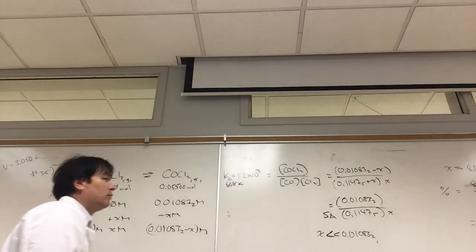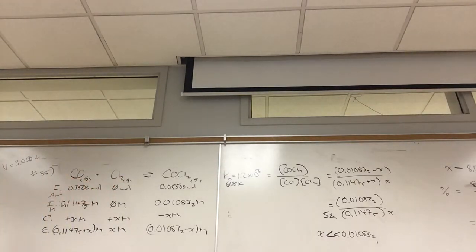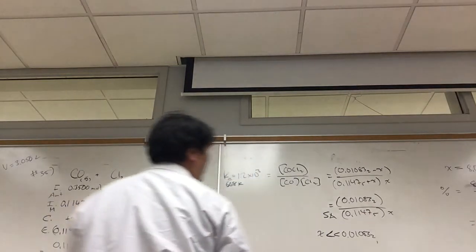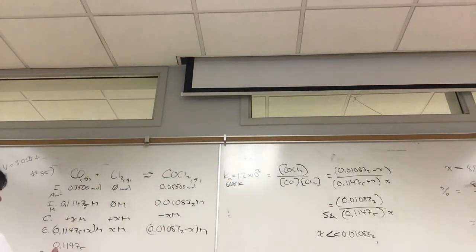All right, and then we go back over here and we just recalculate all the concentrations. So this is going to be 0.11475 plus x. So x is going to have 10 to the minus 6, so we need 5 zeros: 1, 2, 3, 4, 5.